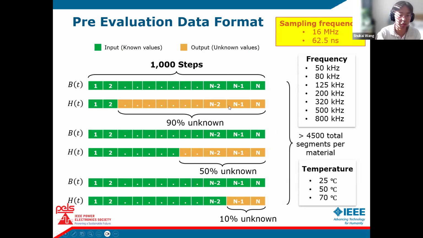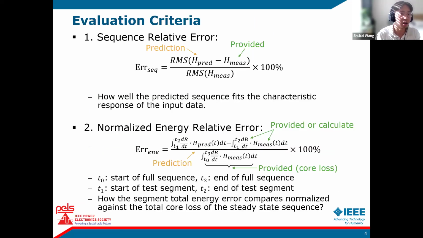You're comparing that with the measurement, which is provided in a separate file here. So you should be able to get a sequence relative error as long as your model is able to give you that H predict.